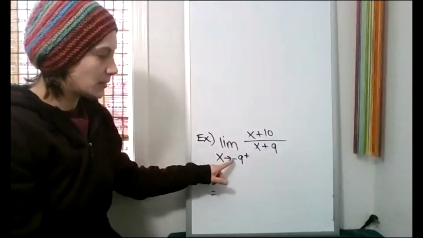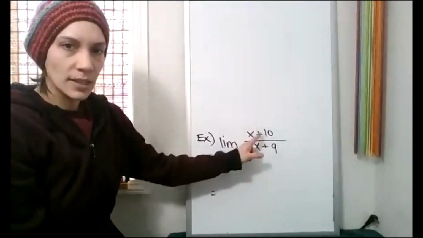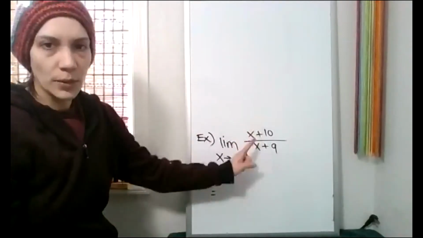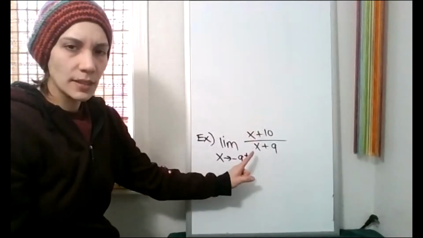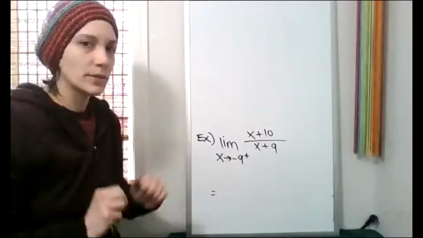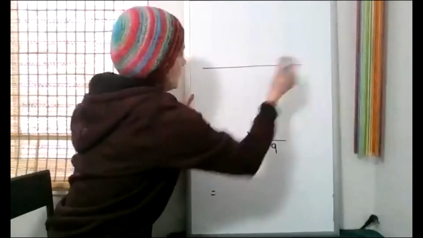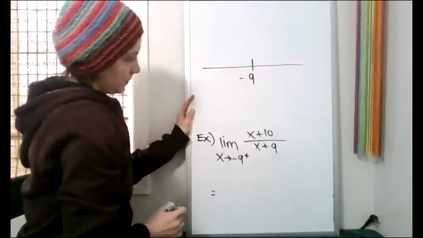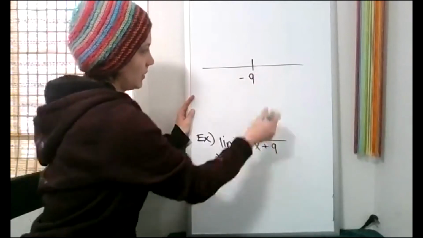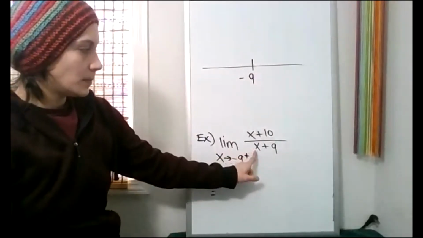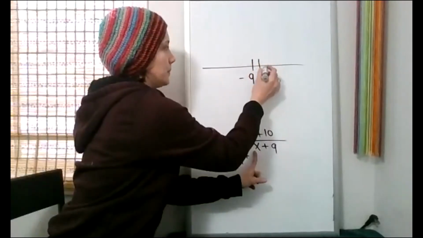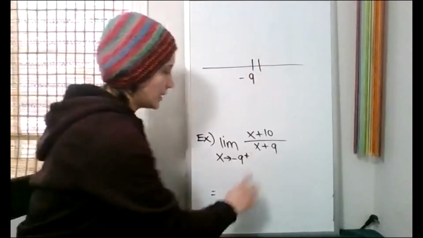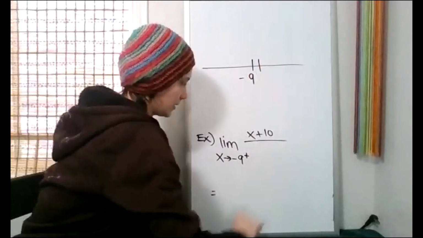If you have negative 9 here, then you've got this number 1 in the numerator. So this is going to 1. This is going to, well, this is going to 0, but we'll talk about it. I'm going to just put this here. It'll help me if I just put 9 plus x. It's the same thing.